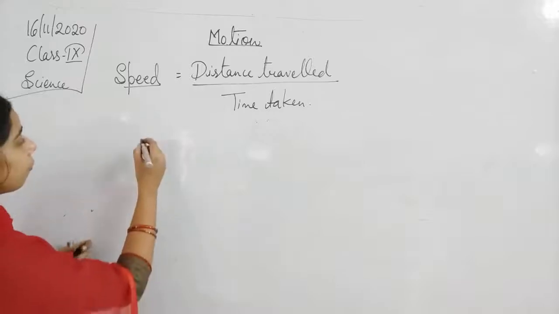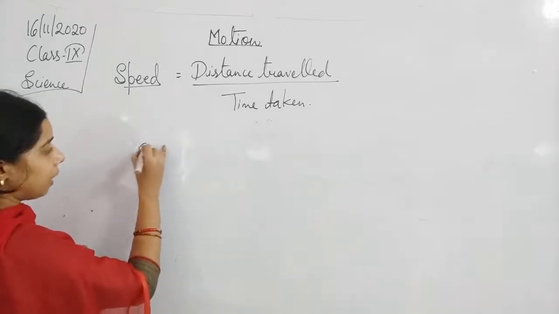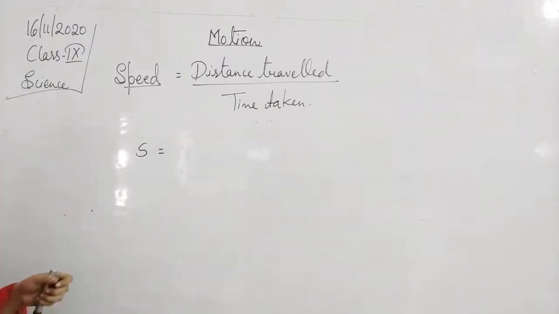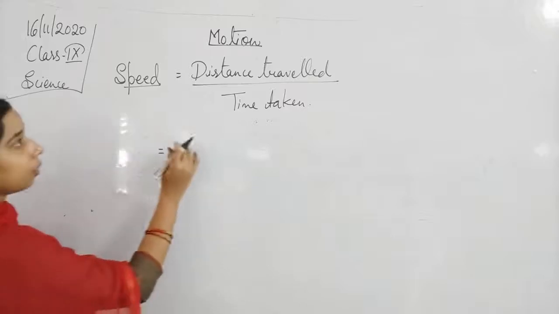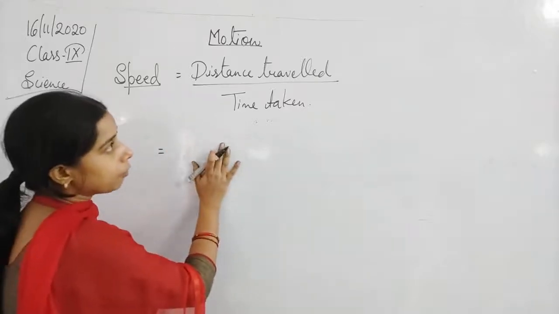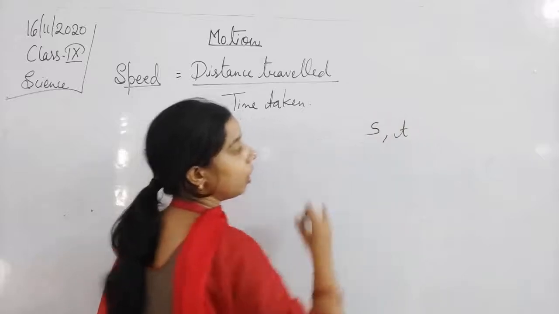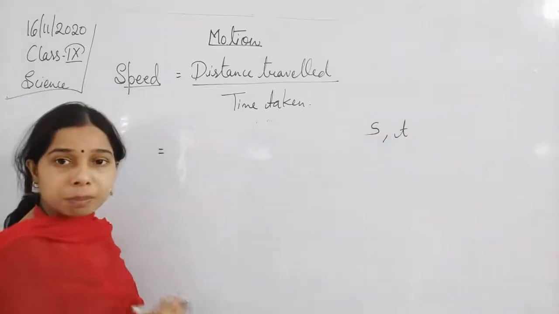So in a small formula, we can write the distance as S, and speed is represented by V. If a body is traveling a distance S in time t, what will be the speed?